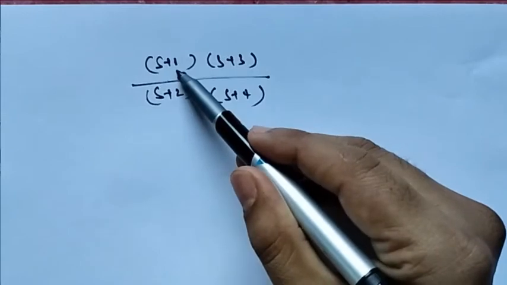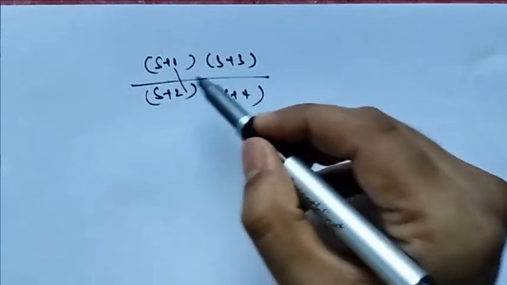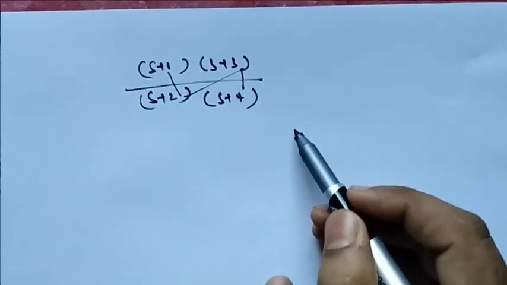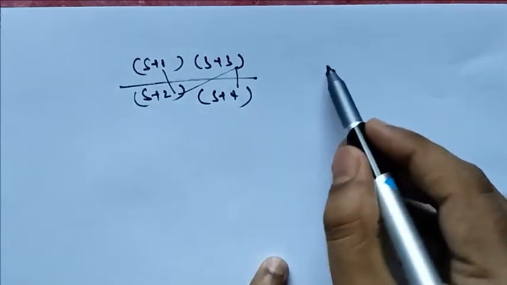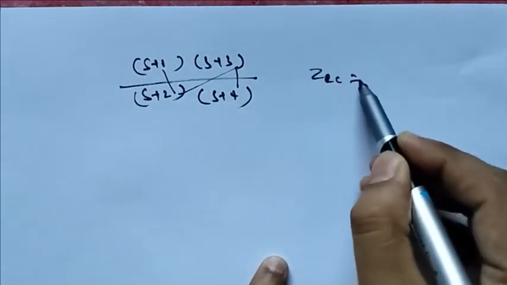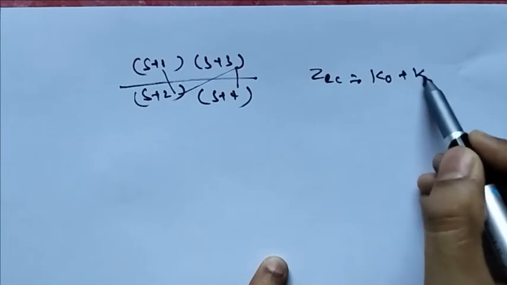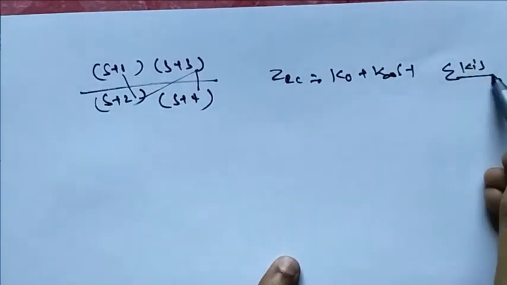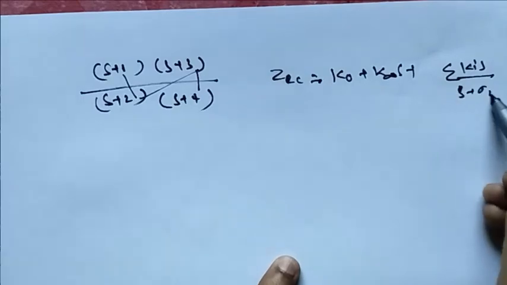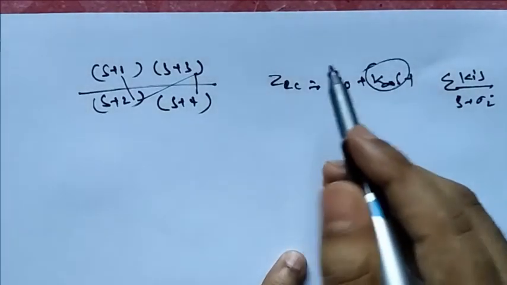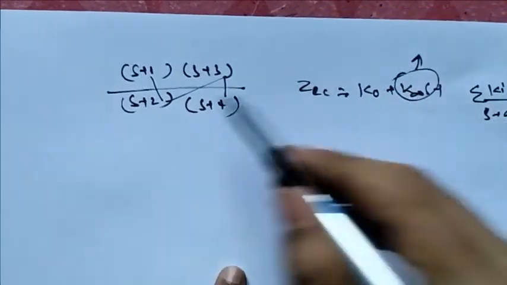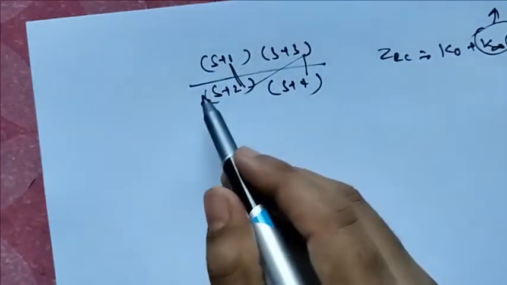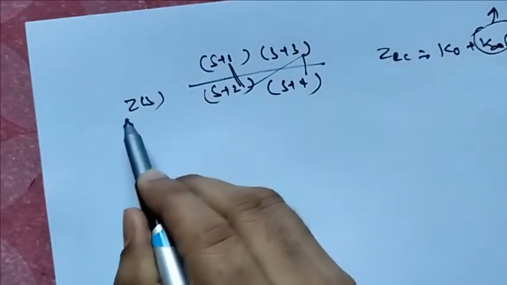As the poles and zeros are alternating, 1, 2, 3, 4, compare with the ZRC. If I compare with the ZRC, it is K naught, K infinity, S plus Ki S, by S plus sigma i. What we see is that it is starting from 0, so from here we consider that this is a ZS function.